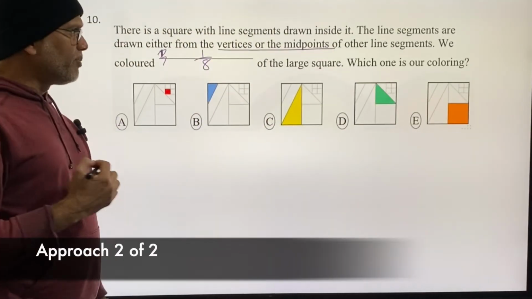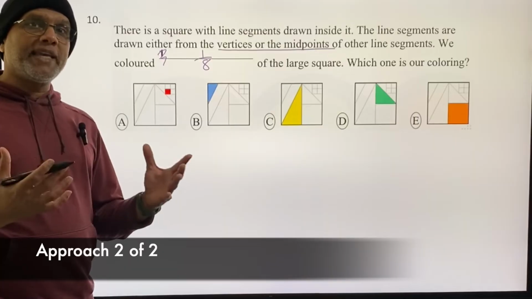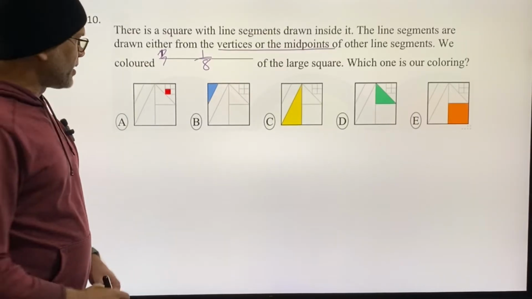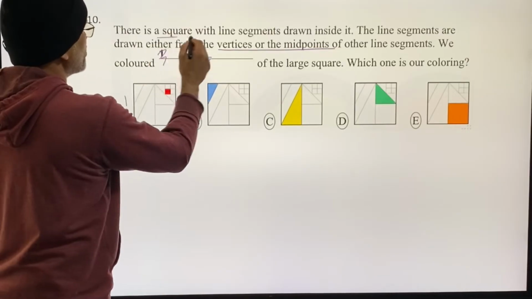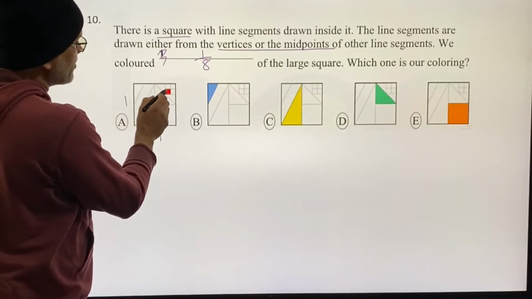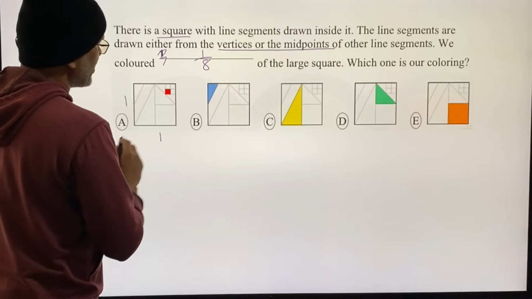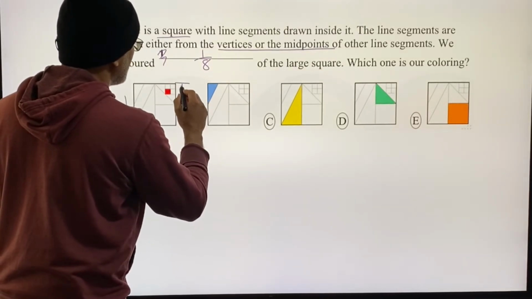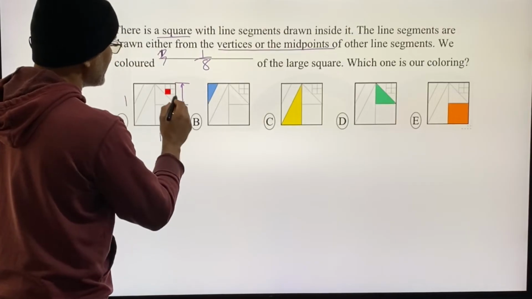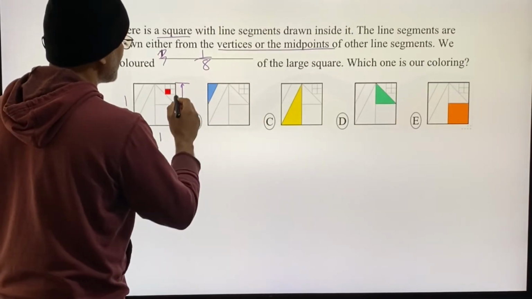For this problem, I can also calculate the actual area and find out. So let me do that. Let me assume the square is 1 unit by 1 unit. Then what is the size of the small red square there? I know that this is going to be half, because we always take the midpoints.